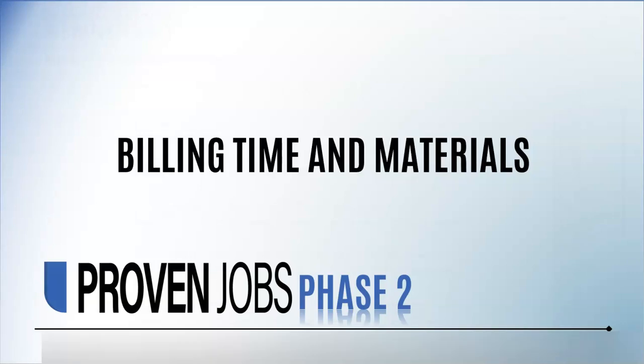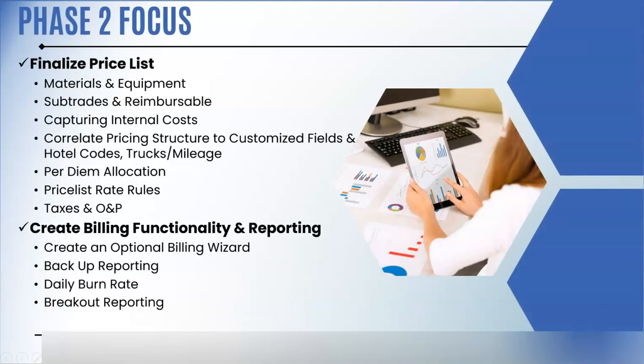So this brings us to our phase 2 development for billing in our time and materials module. So let's take a look at what that encompasses. Our phase 2 focus is, in essence, finalizing our entire price list.